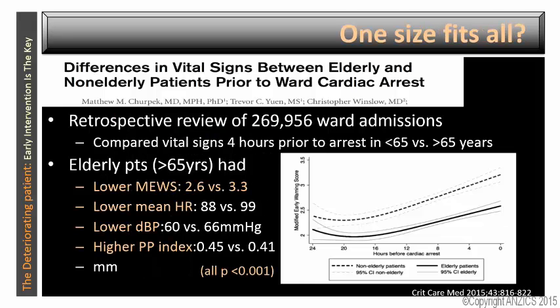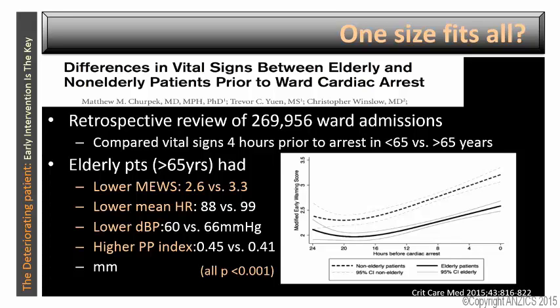So this is quite an interesting paper, where they looked at the vital signs 4 hours before the arrest in patients who arrested, less than 65 years old and more than 65 years of age, so the elderly versus non-elderly. What they found was the elderly patients had a much lower MET criteria score before they had actually arrested.